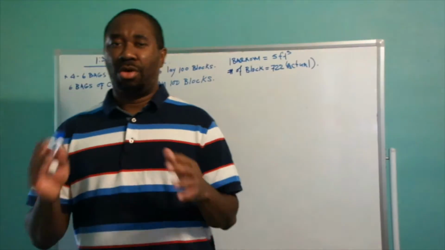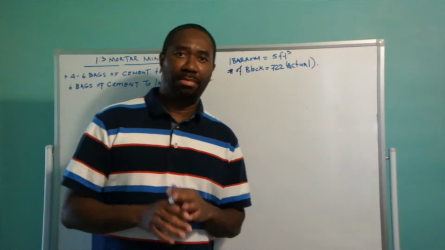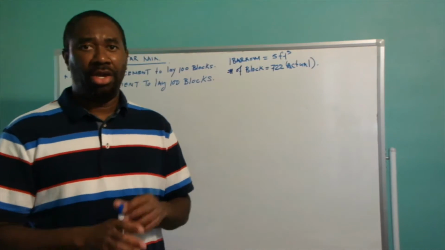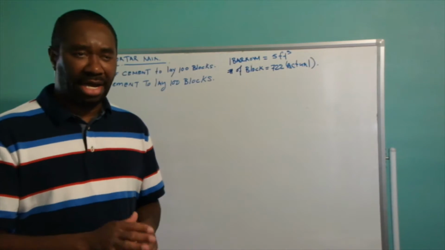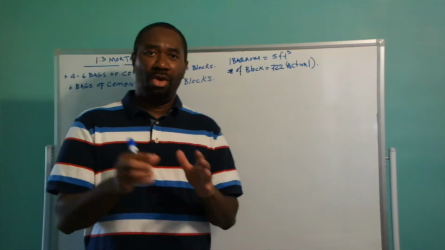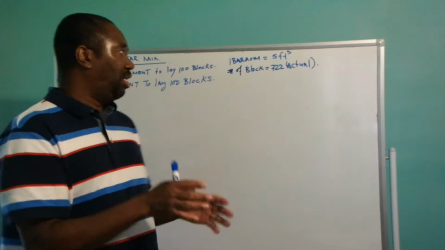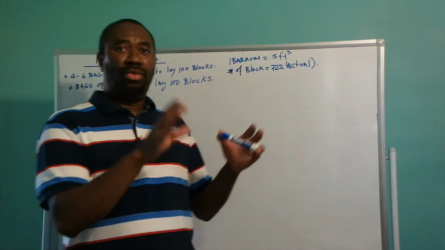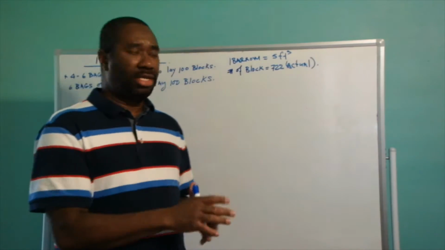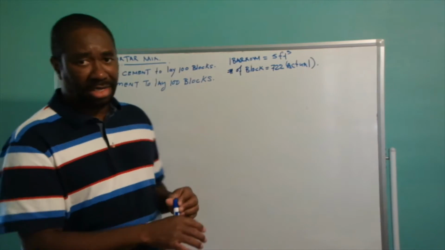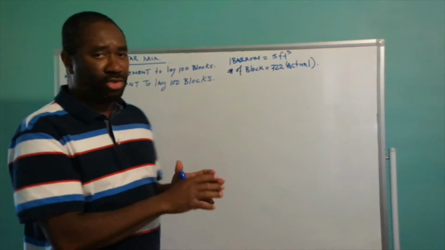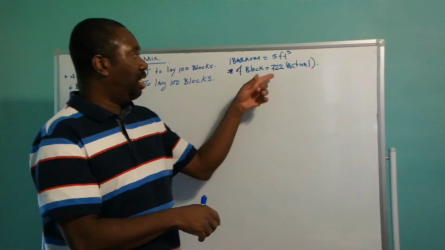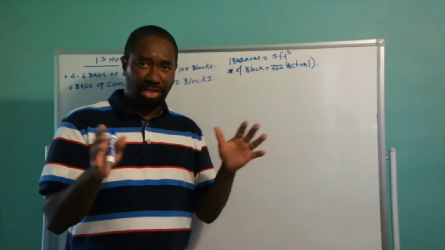So we first have to identify how many blocks it is going to take to do this project. I calculated previously that the number of blocks for this wall structure is 722.